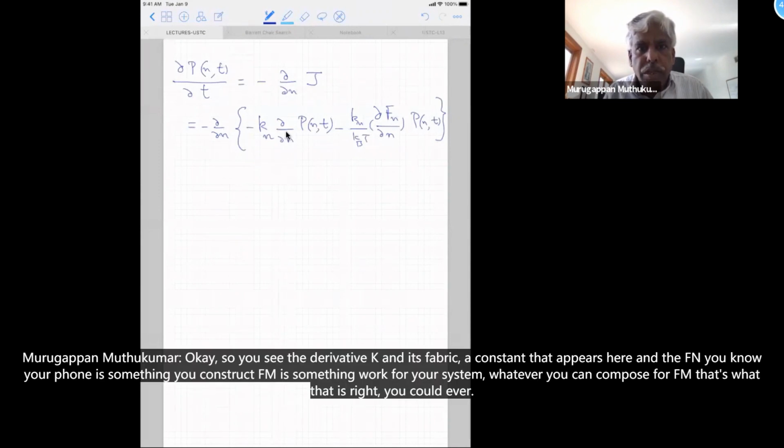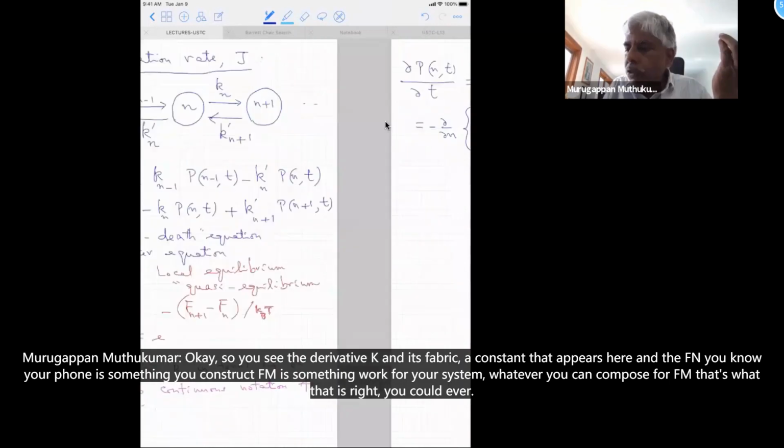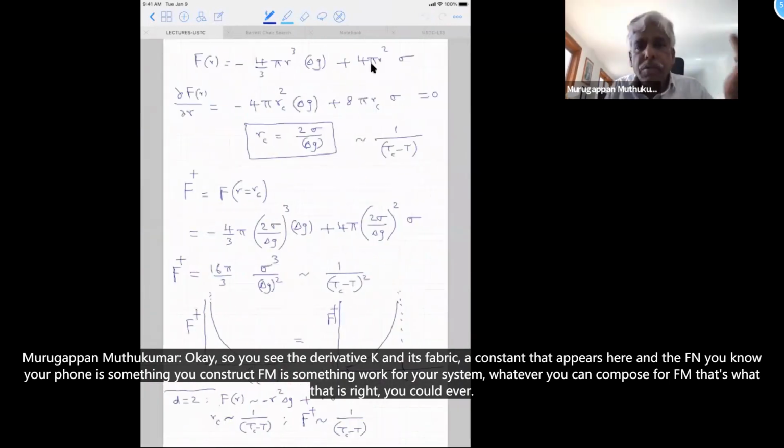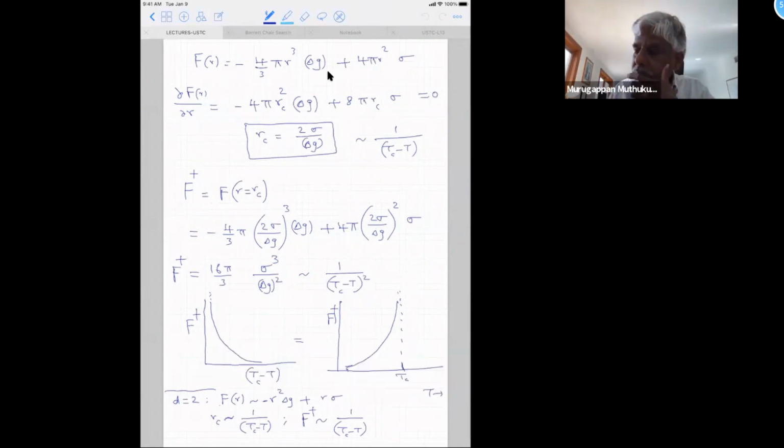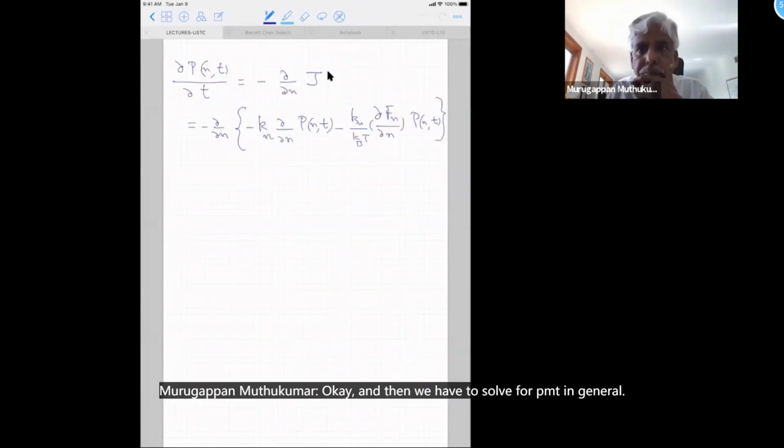You see the derivative Kn, a forward rate constant, appears here. And Fn is something you construct for your system, whatever you compose for Fn, that's what you get. And then we have to solve for P n t in general.